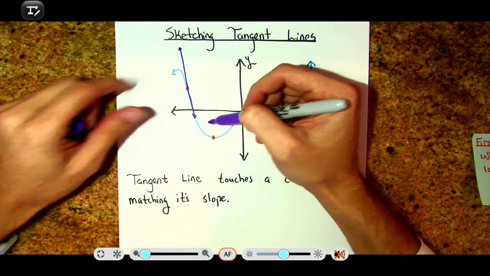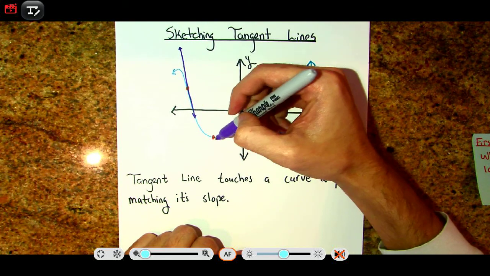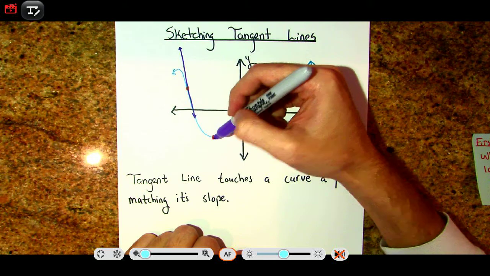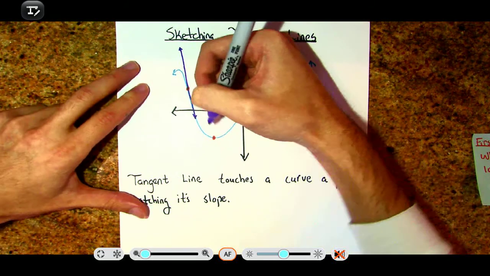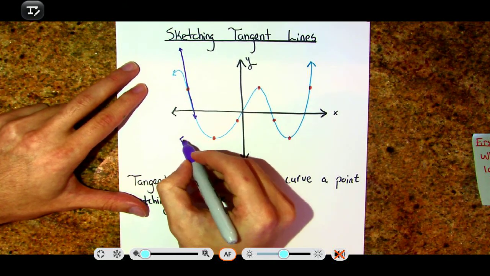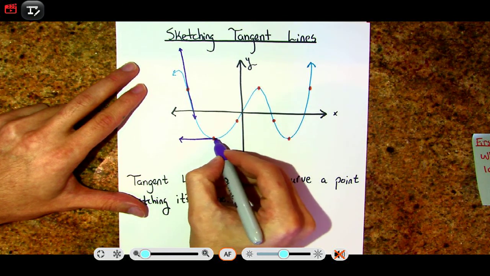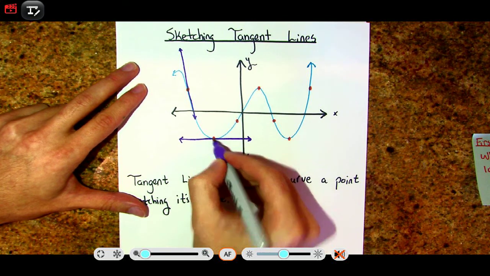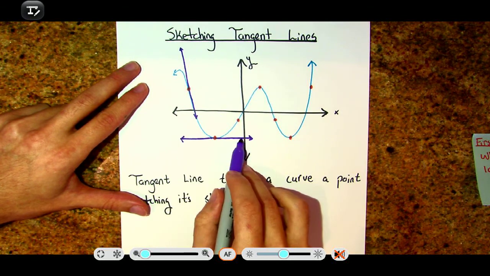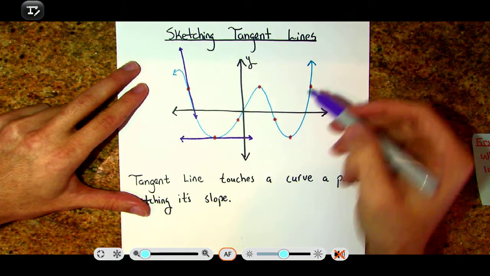If I draw a line that only hits this point on the curve, it gives it a mwah, just hits it right over there. This is a tangent line on this curve at this point.